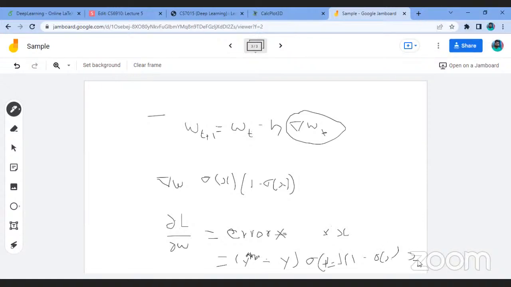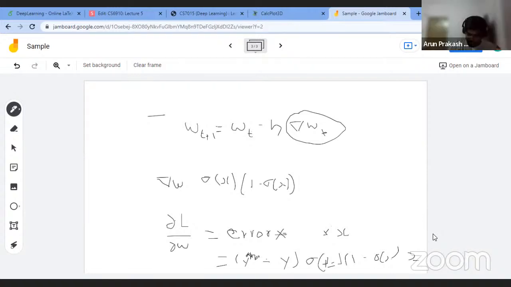Yes, sir. This is with respect to W. And when we calculate with respect to b, there will be no x. Yes, sir, there is a confusion with respect to W or b.